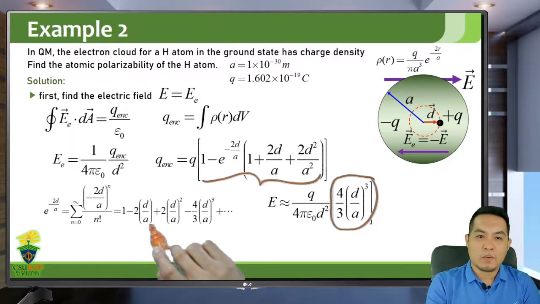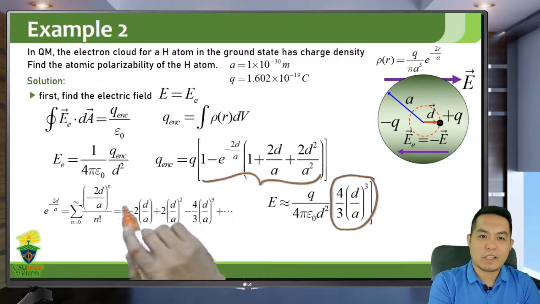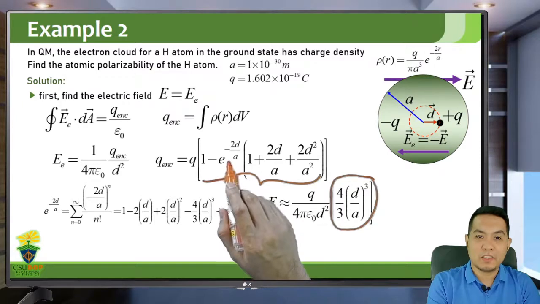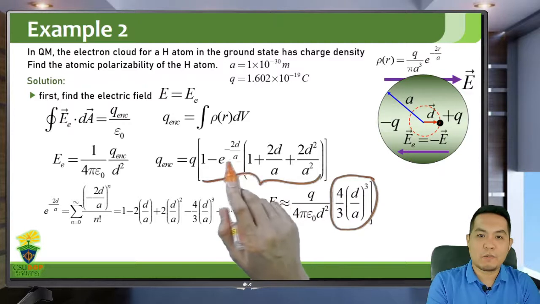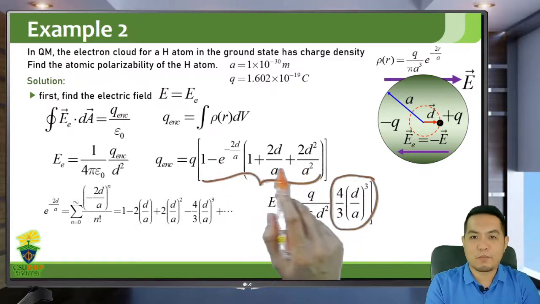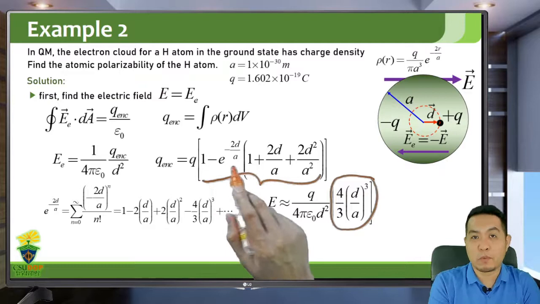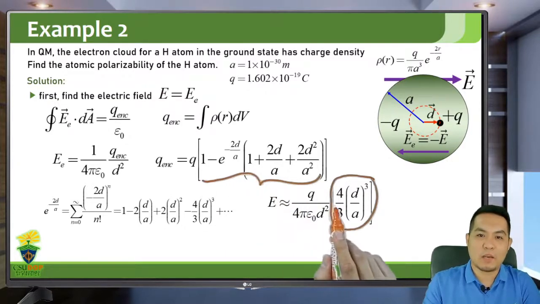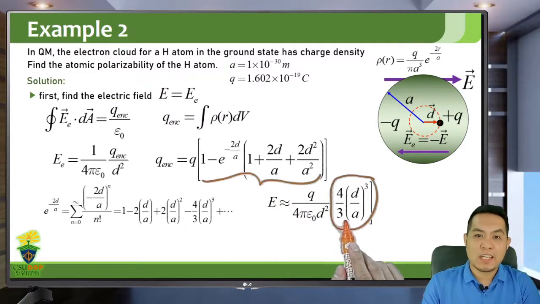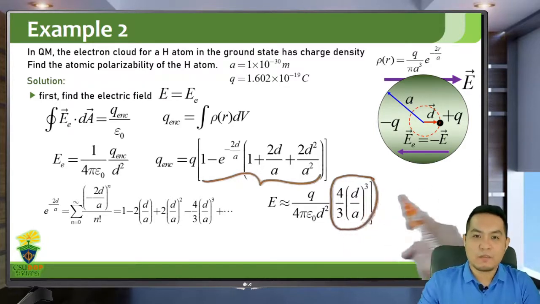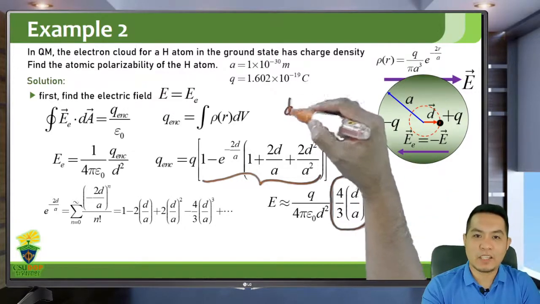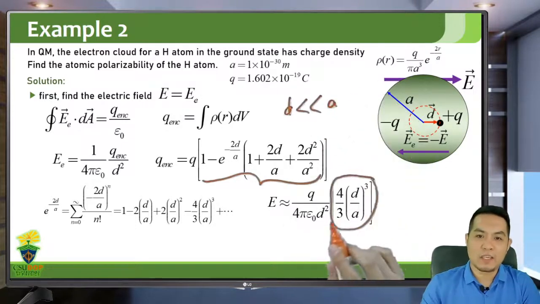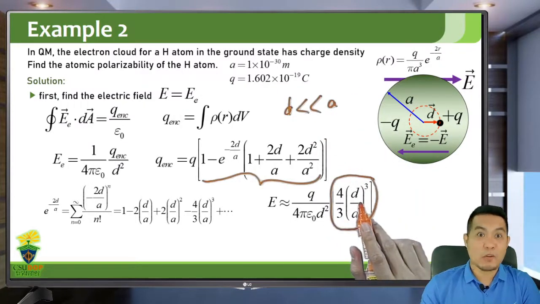So if you plug it back here, the first term in this product will actually be 1. So you have 1 minus 1 is 0, and then the next term will be 4/3 d over a cubed, and then there will be a next term which is d to the 4th over a cubed. But our assumption here is that d is very much less than a, meaning d cubed is now very small.